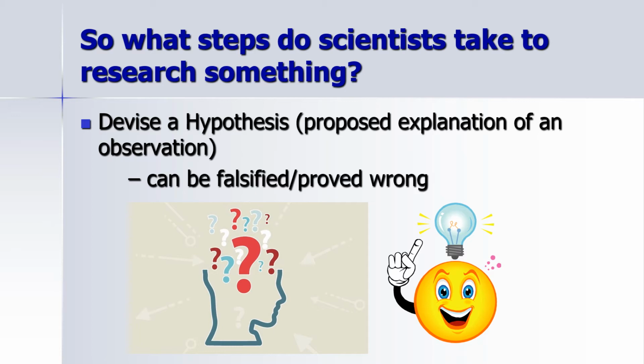It can be proved wrong, which is very common. People always come up with ideas, but those ideas can be wrong. So in my case, my hypothesis would be that sugar dissolves faster in warm water because when we increase the temperature, the particles in our solution or mixture start moving faster.